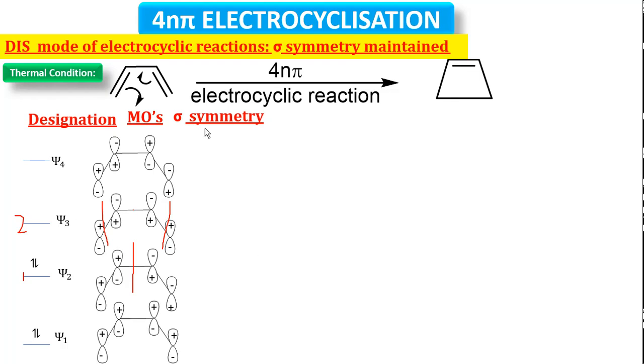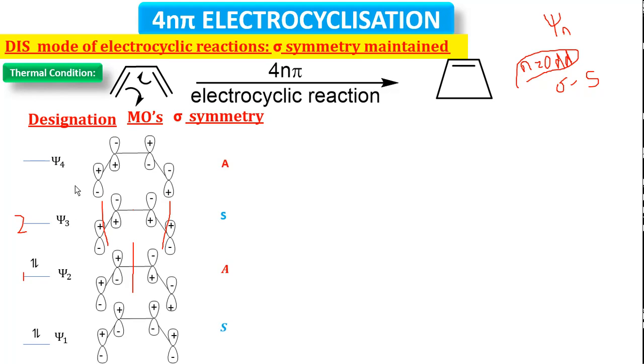To classify the sigma symmetry, for psi n when n is odd, like psi1 and psi3, the sigma symmetry is symmetric. Psi1 and psi3 are symmetric, the remaining are asymmetric.